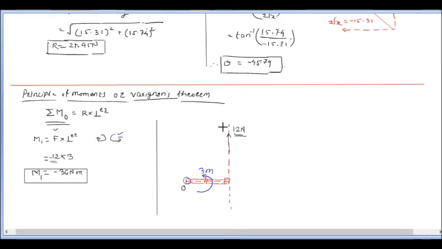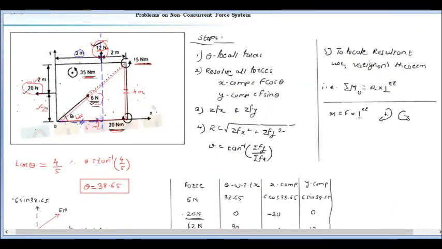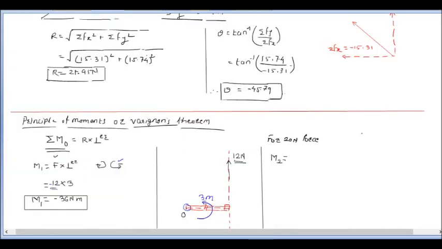Now in the same way we can calculate the value of M2. To calculate this M2, suppose I consider the second moment for this 20 Newton force. Once again this moment will be equal to force times its perpendicular distance, with sign convention.